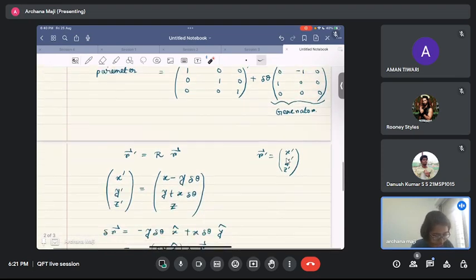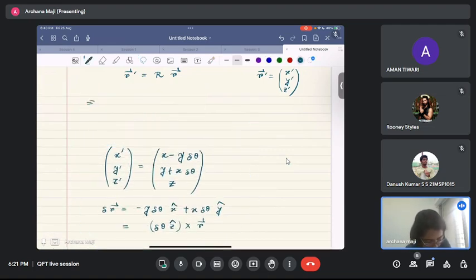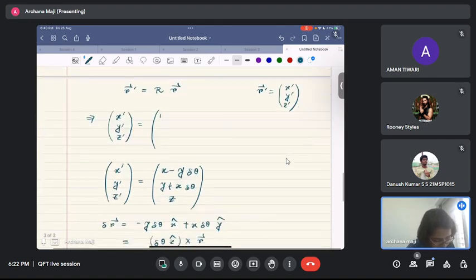So x prime, y prime, z prime is equal to the matrix 1 minus delta theta 0, delta theta 1 0, 0 0 1, acting on x y z.